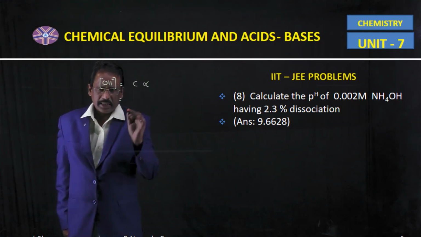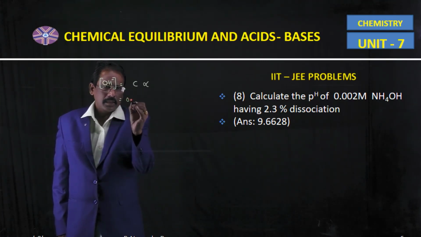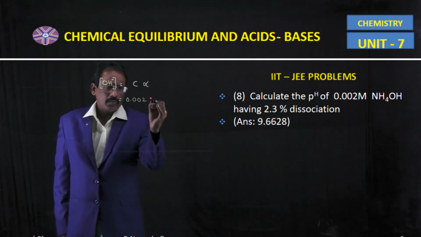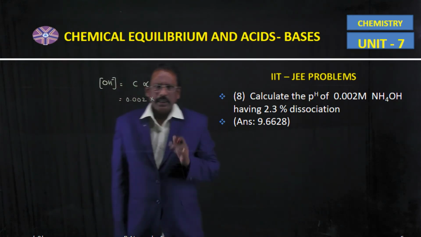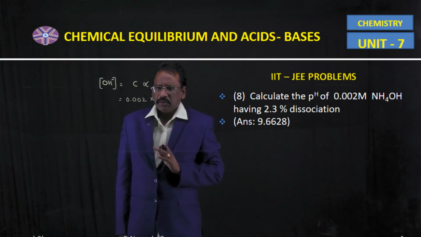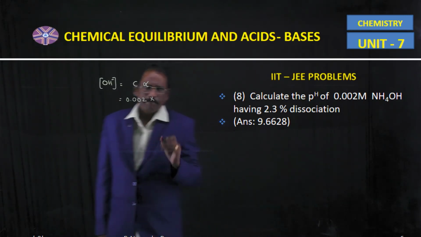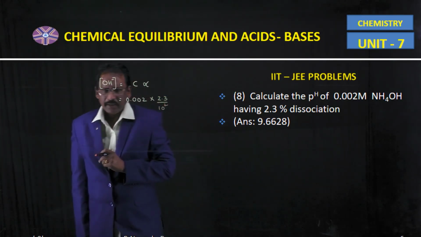Here it is 0.002 into degree of dissociation of this weak base, which is 2.3%. That means 2.3 divided by 100.